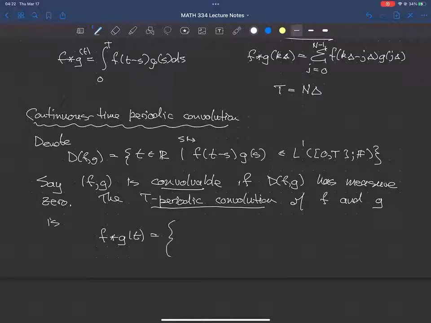For the purposes of having a precise definition, you want to fuss with D a little bit. So it's the integral of F of t minus s, G of s ds when t is in D. And it doesn't really matter what you take it to be otherwise, because it's just a set of measure 0.